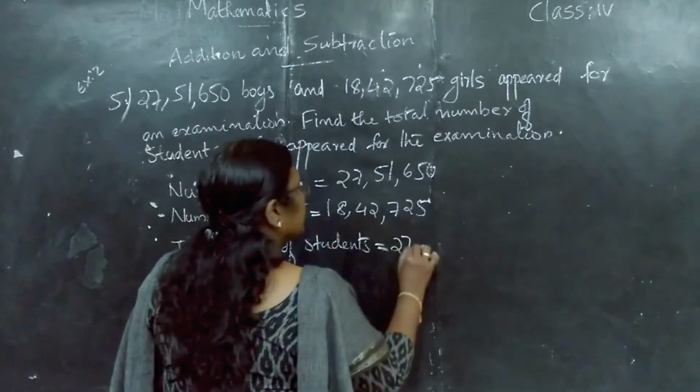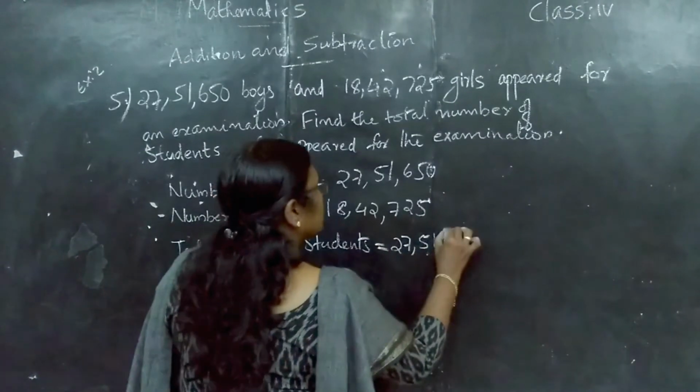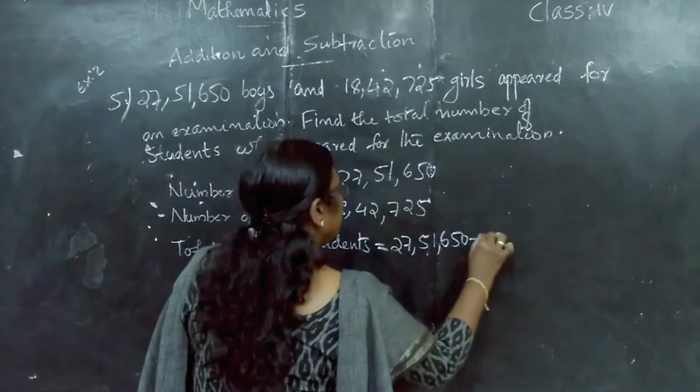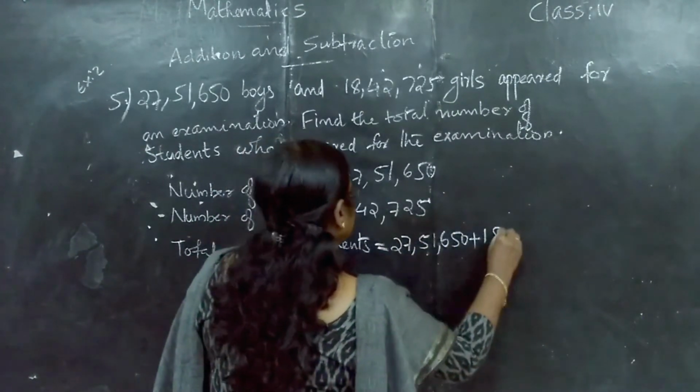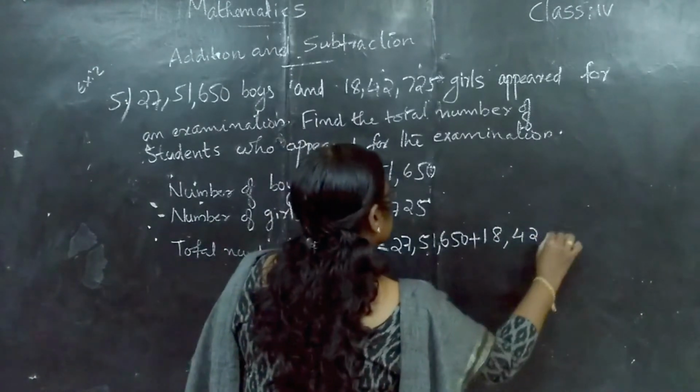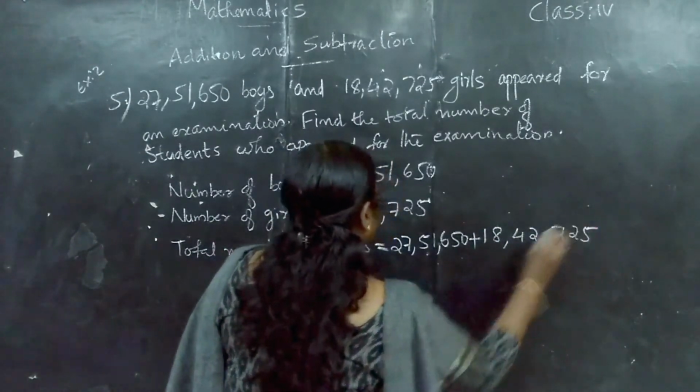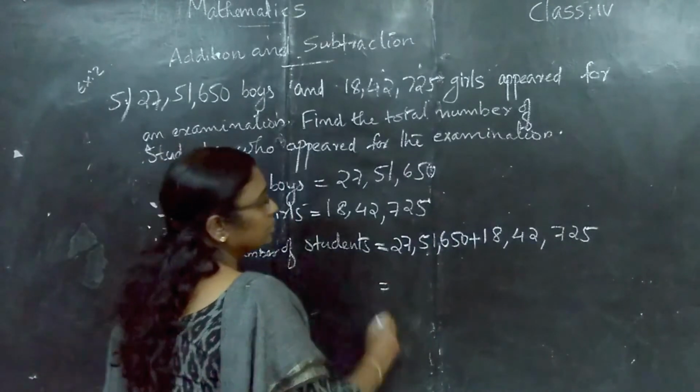That is 27,51,650 plus 18,42,725 equal to.